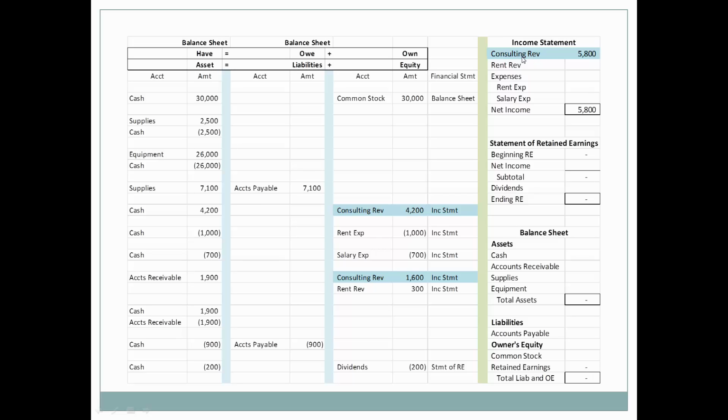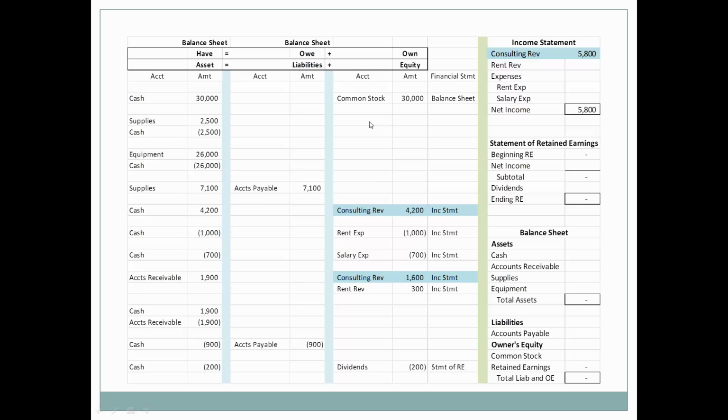So the income statement we said was revenue and expenses, so we're going to add up all of the revenue. Now, a word here. We can see that this is a good dynamic for understanding what is going on in the books and looking at the accounting equation.